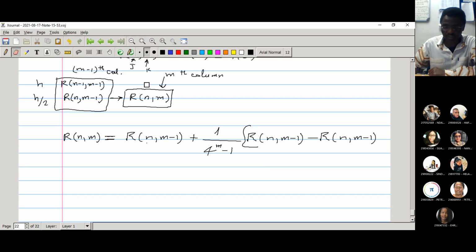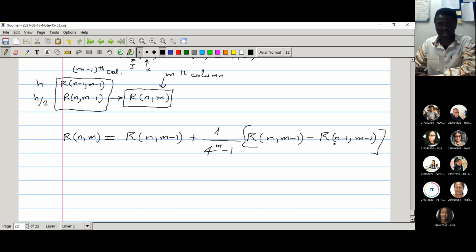Okay, but I still need to modify this because, okay, minus this one on top, that will be n minus 1 here. So that will be minus R n minus 1, m minus 1. Okay, so that's what we had there.